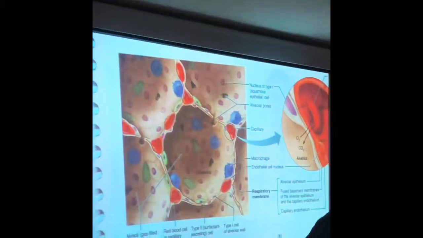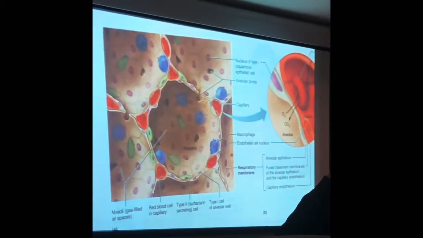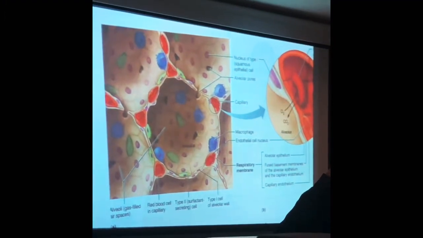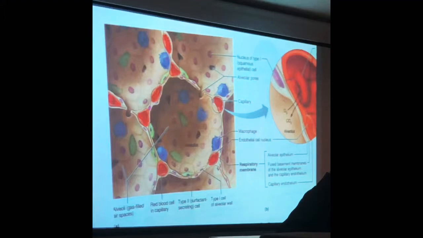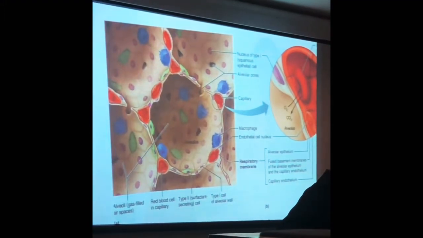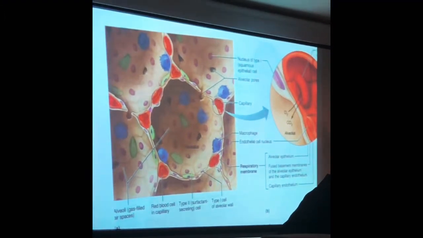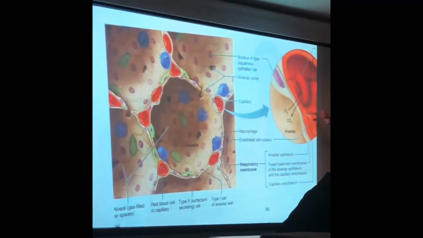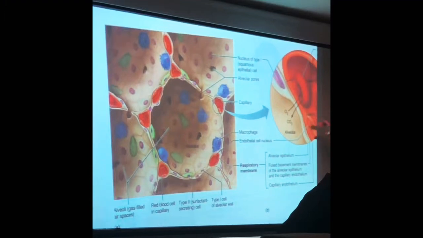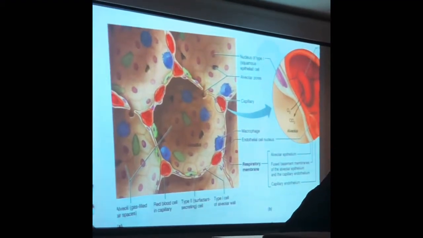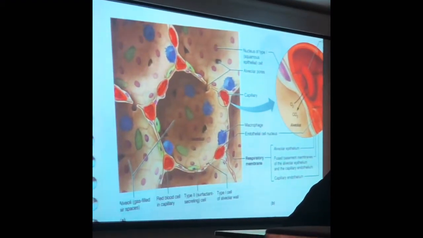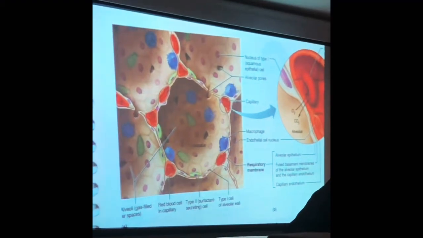Two different physiological processes must occur for us to oxygenate our blood and to rid our blood of carbon dioxide. Ventilation, we ventilate our lungs. Respiration, in this case, external or pulmonary respiration, where we're taking oxygen from the atmosphere and giving carbon dioxide into the atmosphere.